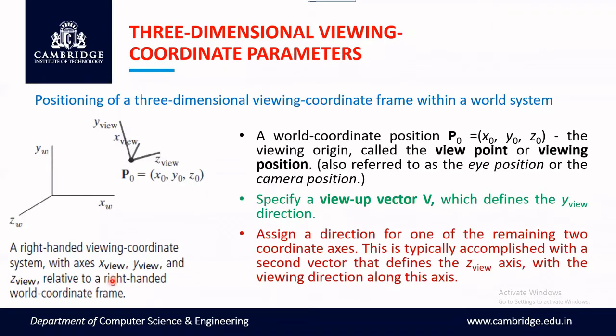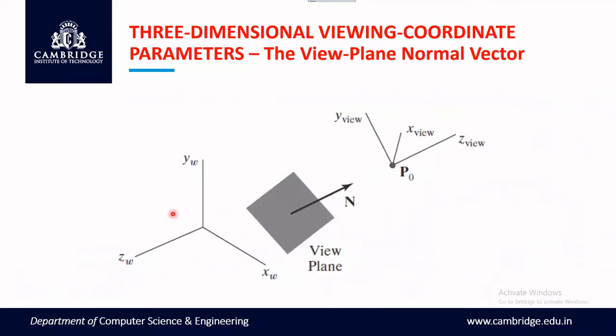Now, to define this viewing coordinate system, we have an alternate way. Instead of defining it as X view, Y view, Z view, we can define it in terms of the normal vector. In graphics, generally we define a surface in terms of the normal vector. So what is this normal vector?